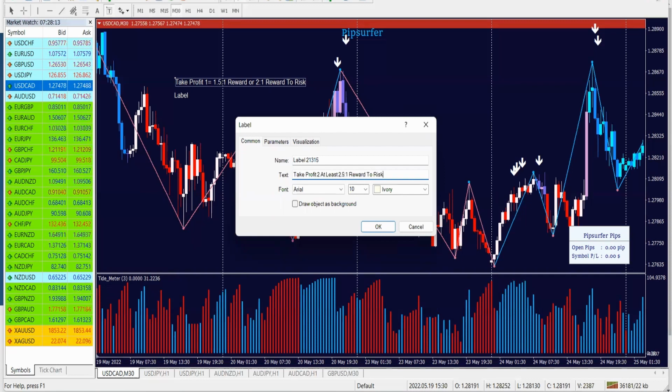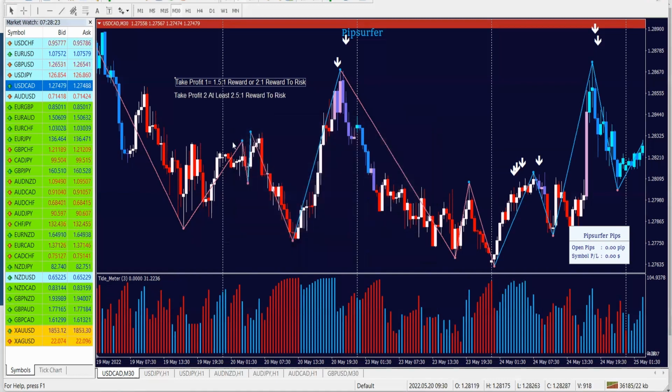So for every $1 you risk, your reward that you're seeking is 2.5 to 1. Now, of course, take profit 3, you want at least a 3 to 1 reward to risk. So as long as you keep your reward to risk positive over your risk, you'll have a good experience trading, because your trading will have great risk management.